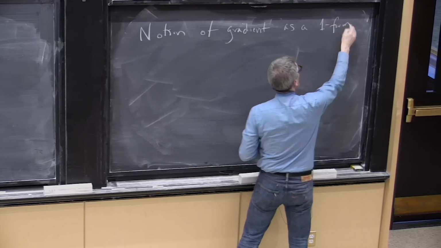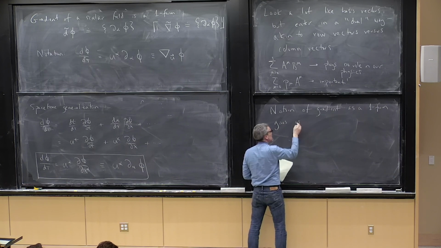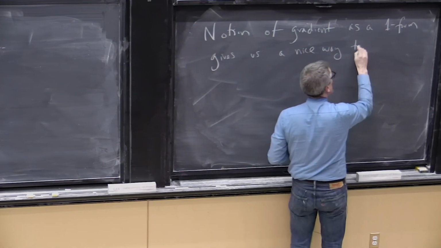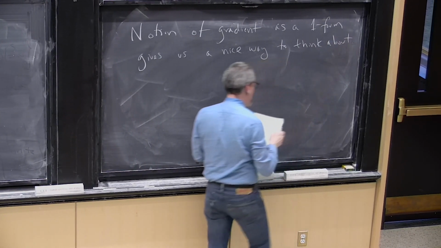So the notion of the gradient as a one form, this gives us a nice way to think about what the basis one forms mean.